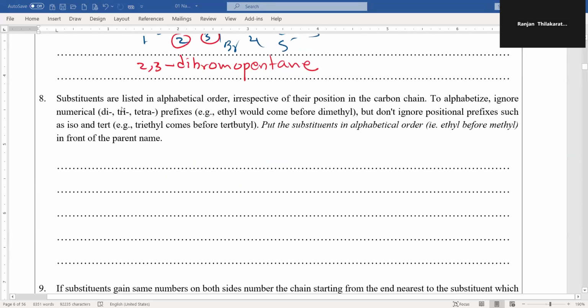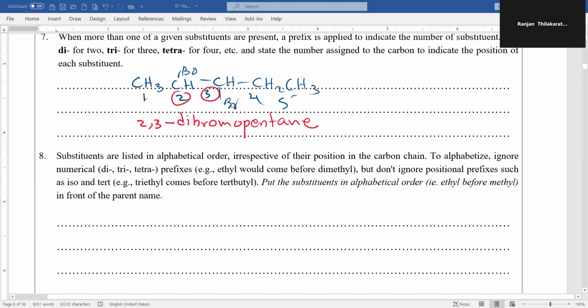Then the other thing is substituents are listed in alphabetical order irrespective of their position in the carbon chain. To alphabetize this, ignore the numerical prefixes di, tri, tetra. These di, tri, tetra are not part of the substituents. That is to indicate the number of occurrences.